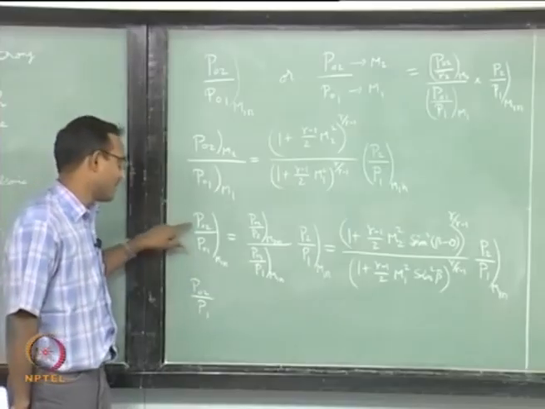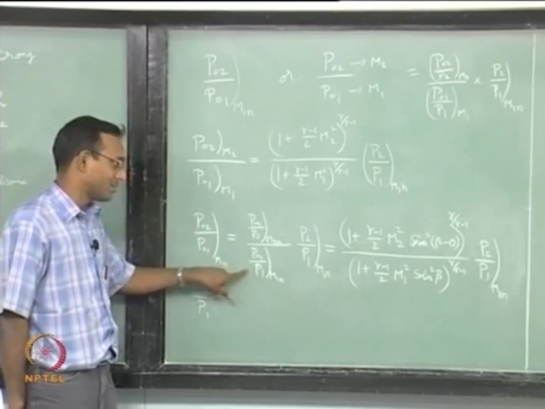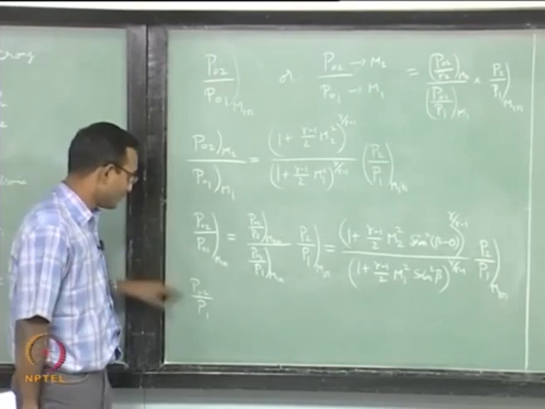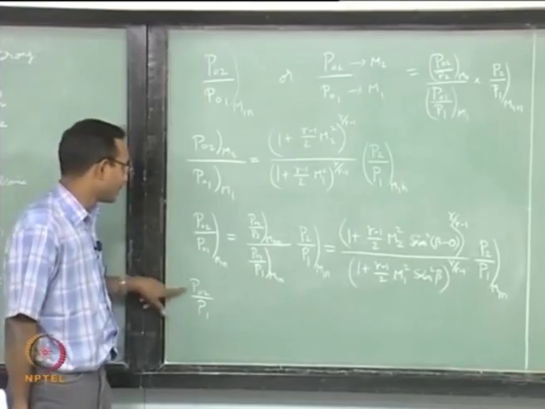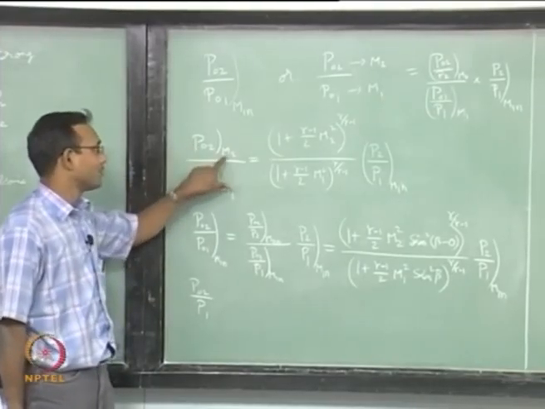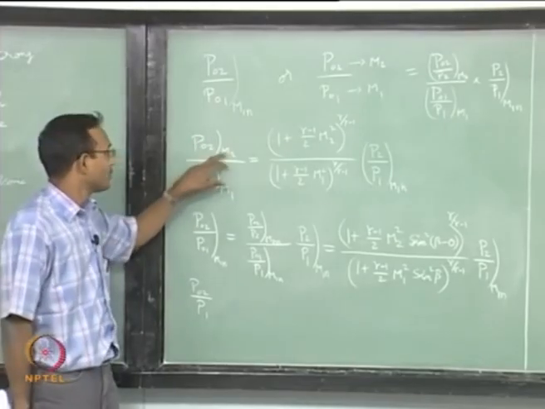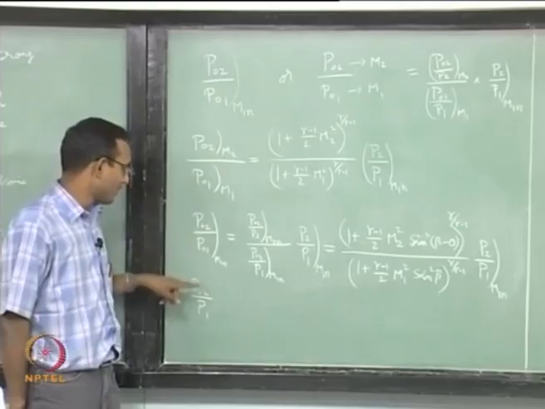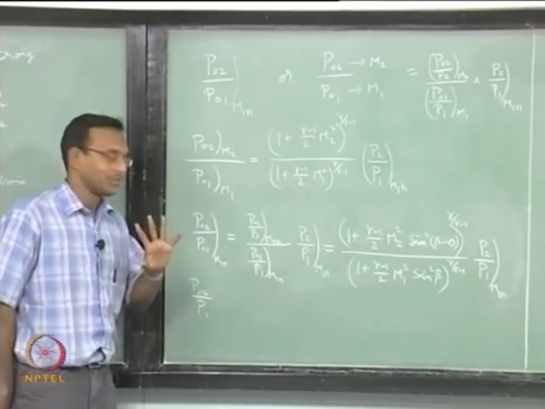If you are using this and finding P naught 2 and P naught 1 based on M1 normal using this kind of method, then you can use this column. Otherwise you will make mistakes if you ever take this P naught 2 and say that is equal to P naught 2 for M2, that will be wrong. P naught 2 for M2 will be different from P naught 2 for M2 normal.